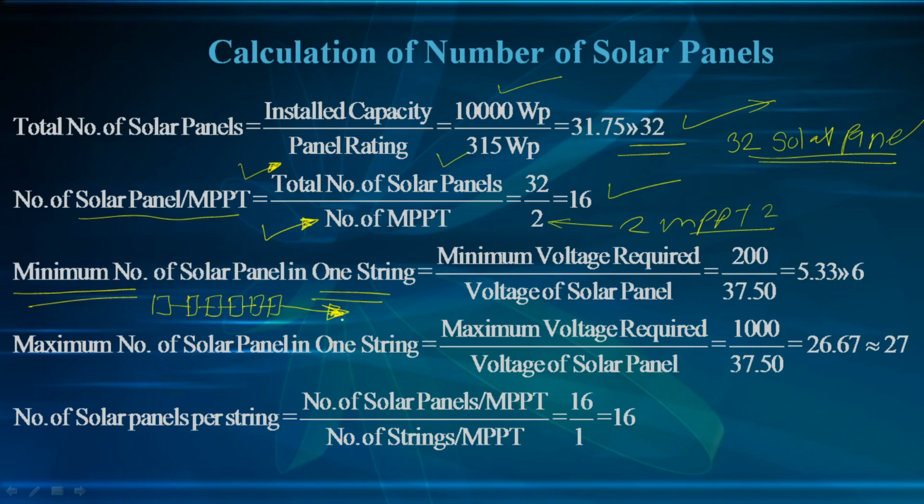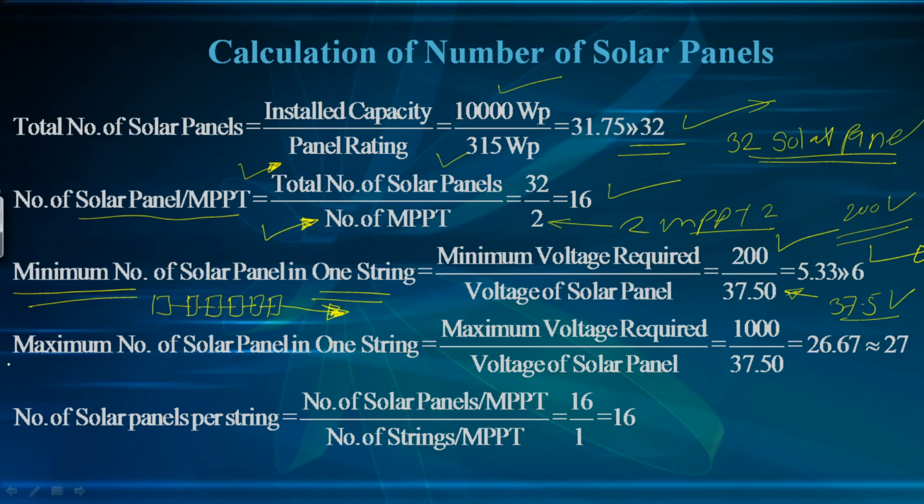We calculate with this formula: minimum voltage required divided by the voltage of the solar panel. The minimum voltage of the inverter is 200 volt and the voltage of a panel is 37.5 volt. Do this calculation and you will get a minimum of 6 panels to connect in series combination.